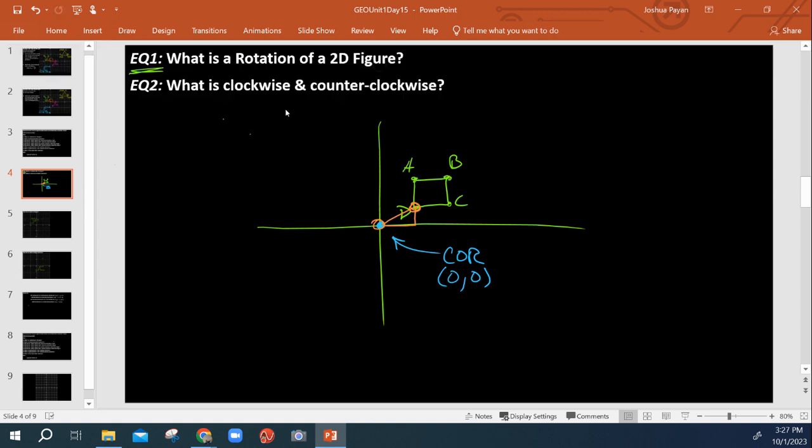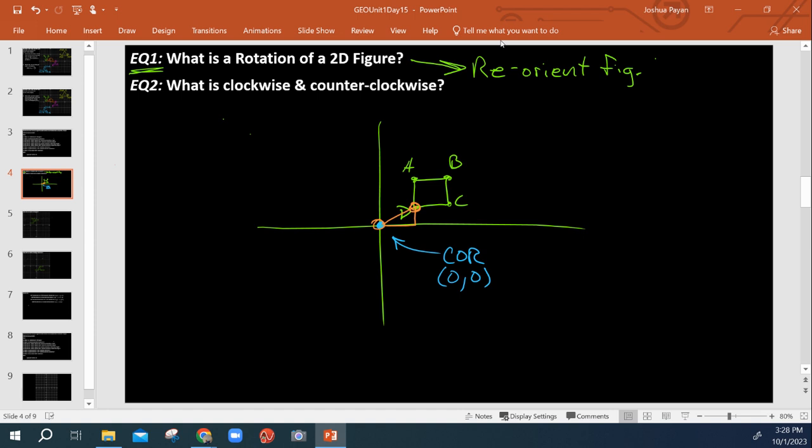So, for starters, a rotation is when we reorient a figure. Okay, we reorient a figure by rotating it, and it's so difficult to put that into words because rotation is such a simple concept.